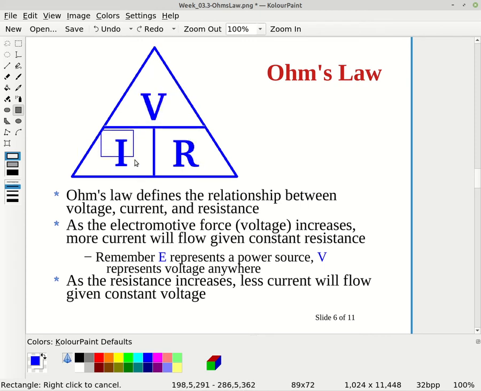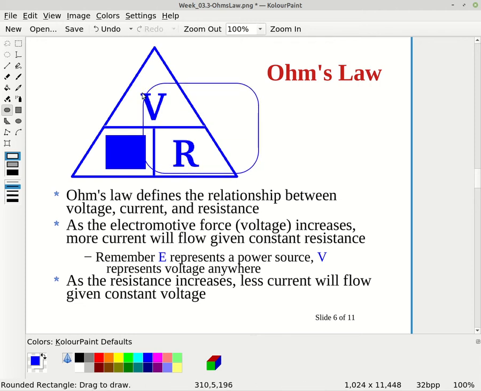If we're looking for the current, we cover up the current, and then we calculate the voltage divided by the resistance, which will give us that current.